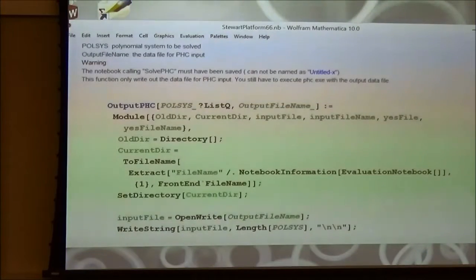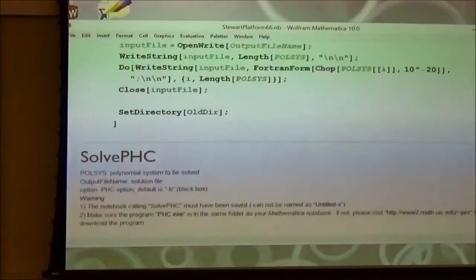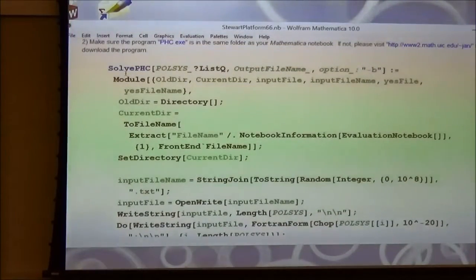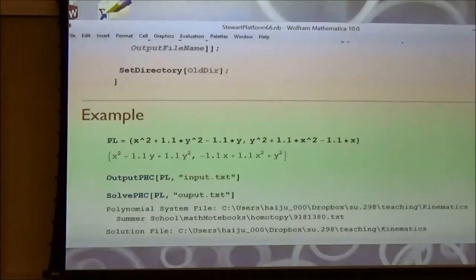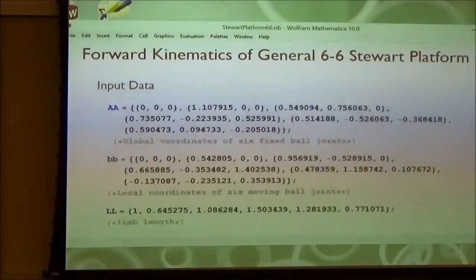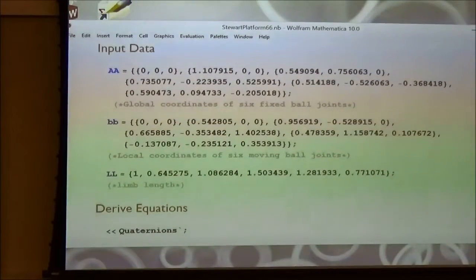To help you to generate a data file for PHC, I wrote some interface that converts a mathematical equation into a text file and then runs PHC. So actually, I have a function called solve PHC that directly calls PHC from Mathematica and finds the solution. The example here is the Stewart platform problem, formulated exactly as I presented in the lecture notes.